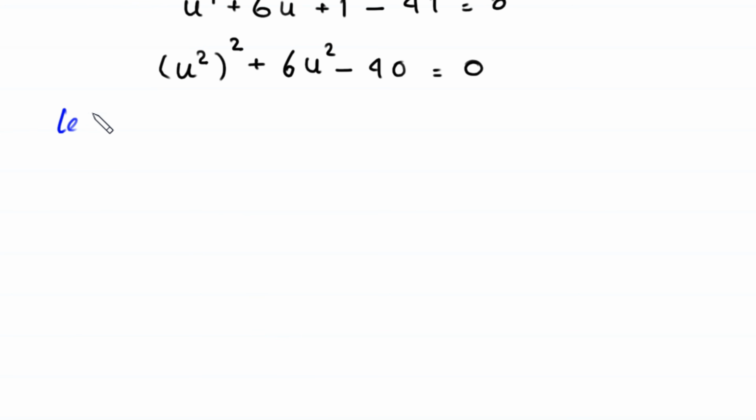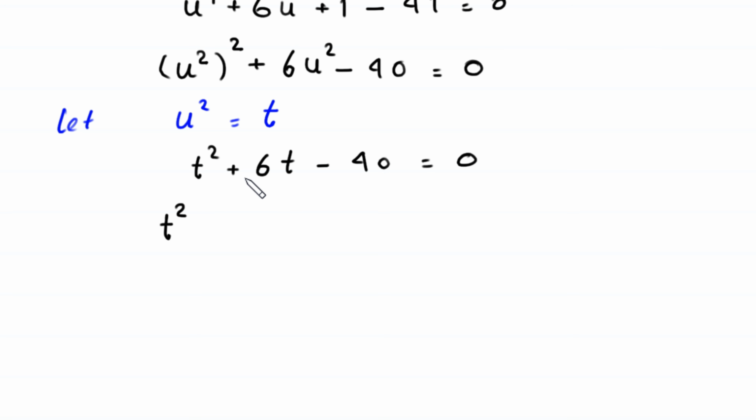Now we suppose that u^2 is equal to t. So the equation will become t^2 + 6t - 40 = 0. This is a quadratic equation and is factorable. We write t^2, and we break this 6t into two terms, plus 10t and minus 4t, minus 40 equal to 0.